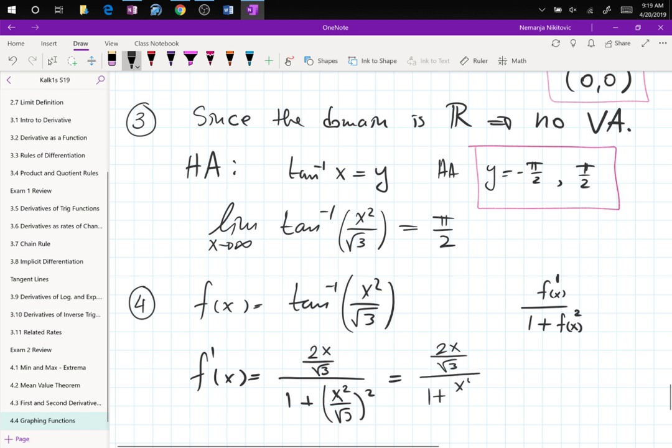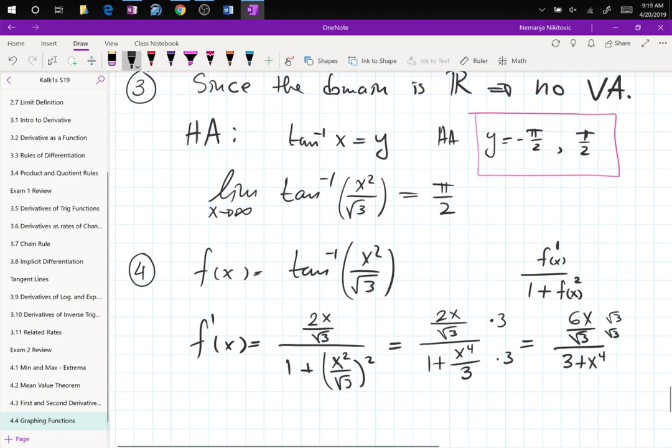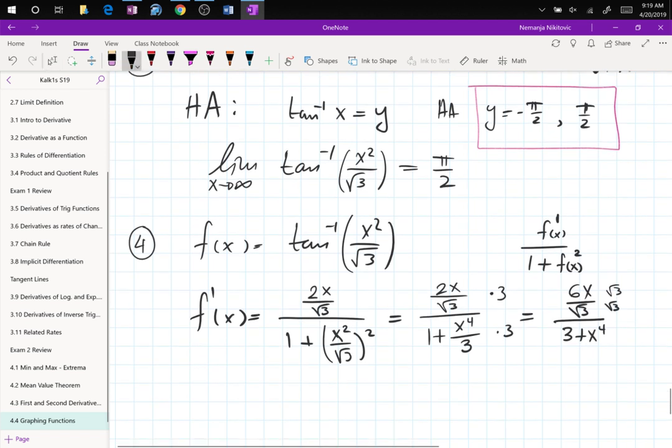So now this is x to the 4th divided by 3, and then I multiply by 3 to get rid of the double fraction, at least in the denominator. So this is 6x over root 3 divided by 3 plus x to the 4th. Then I rationalize the root 3.